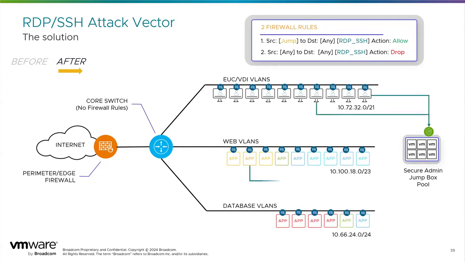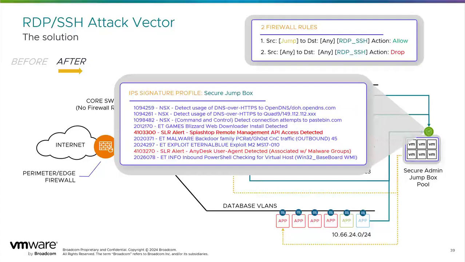So now we're focusing the specific connectivity on these secure admin jump boxes to reduce the spread and control the utilization. Now, every time an RDP or SSH connection is coming outbound from the jump box pool, it will use the signature profile that we built around the jump boxes. And again, here are numerous signature sets aligned to that profile.